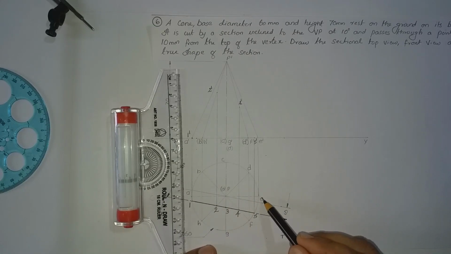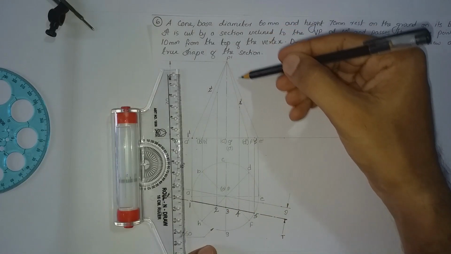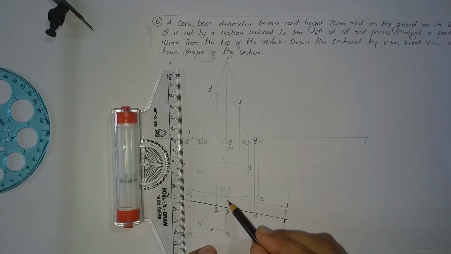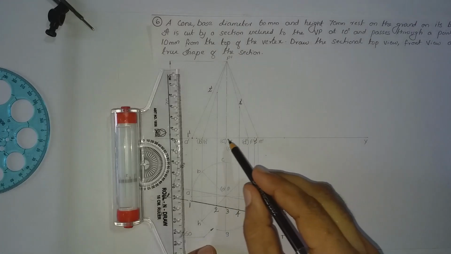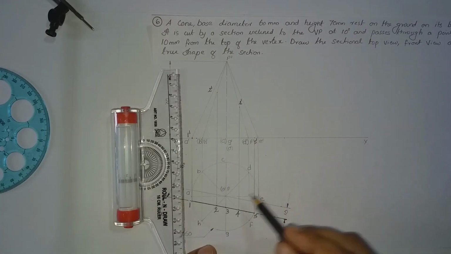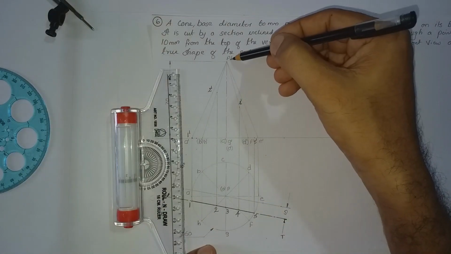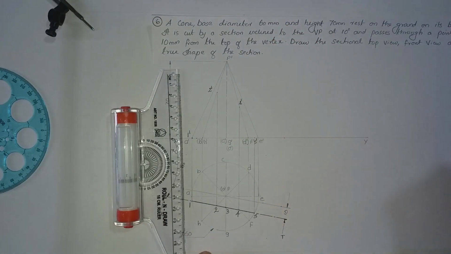What is the speciality of PE? PE is a generator which has true length in the front view, which is P dash E dash. So let us rotate P3 to this generator PE, which is parallel to the XY line. As this generator is parallel to the XY line in the top view, its front view, P dash E dash, will have true length.